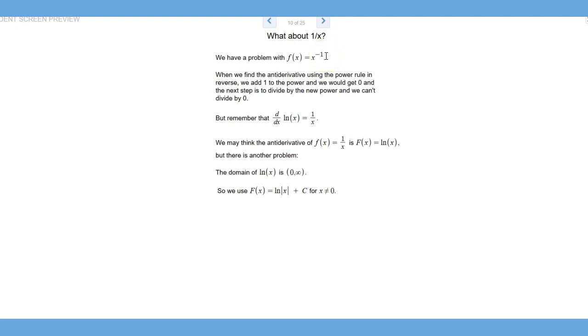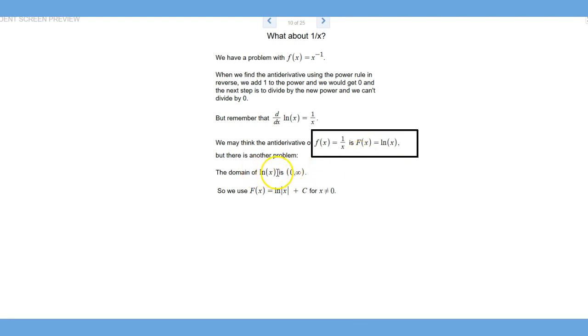So the exception to that power rule is we need to remember that the derivative of the natural log of x is 1 over x. And since finding the antiderivative is taking the derivative in reverse, we need to remember that when we see 1 over x, its antiderivative is the ln of x. However, there's another slight problem.